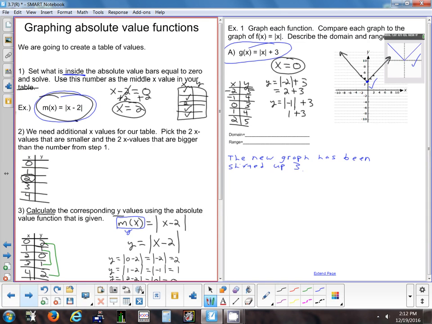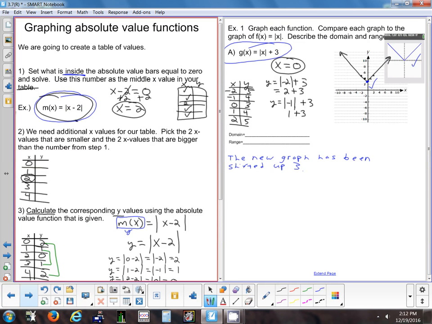Look at the number. That's the key. Look at where the number is. Where is the number in this one? Where is the number in this one? Josh? Focus on where, not the sign of the number. In the first one, the number is inside the bars.